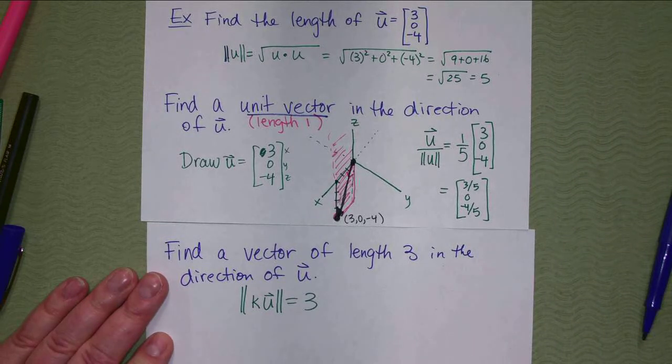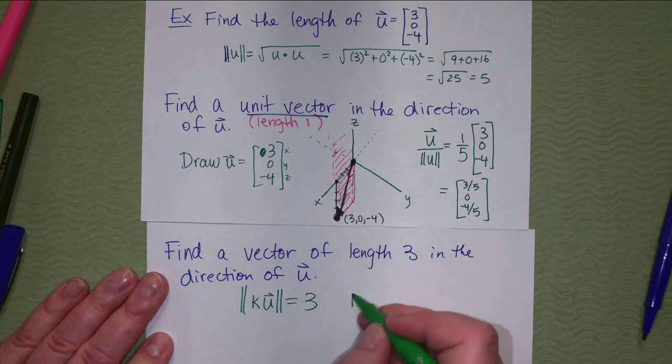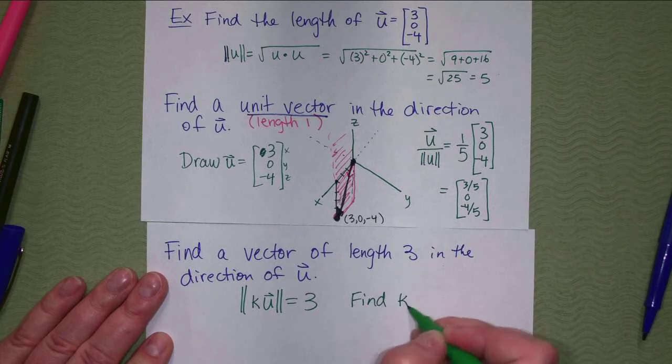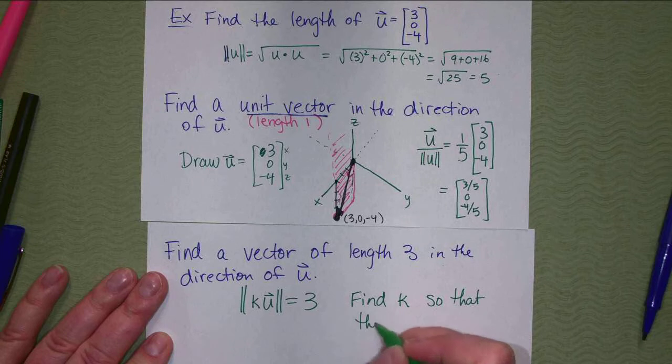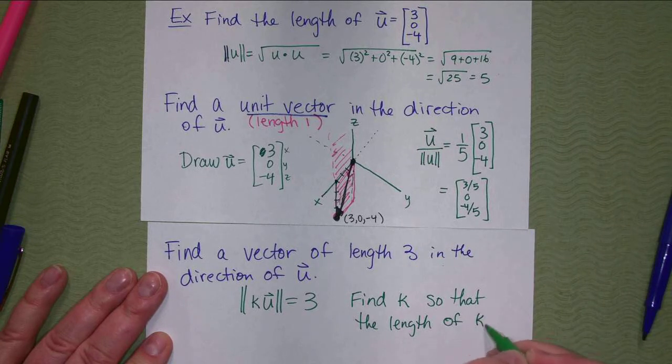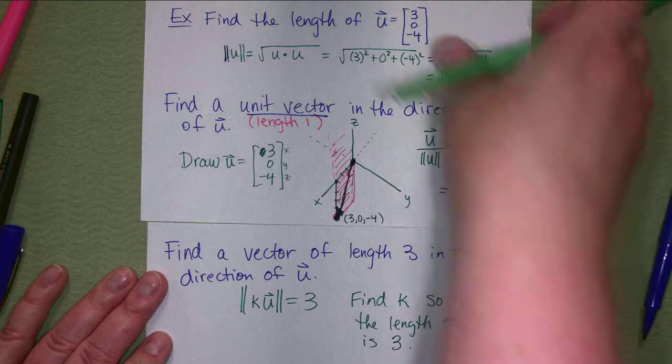Does that make sense? So we want to find k so that the length of k times u is 3. Right? That's what we're trying to do. And all we need to do is multiply by 3, of course.